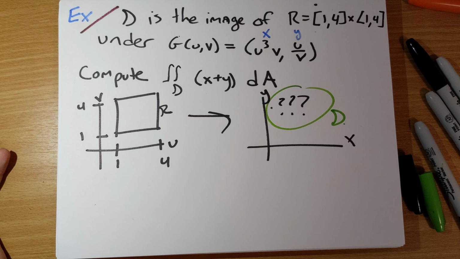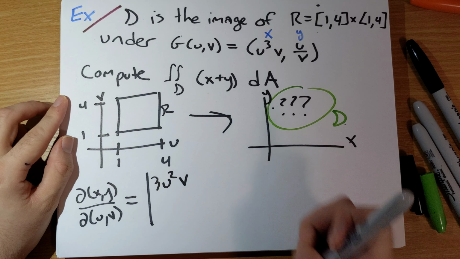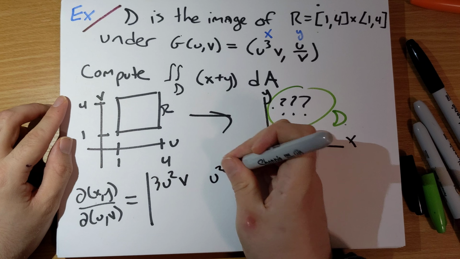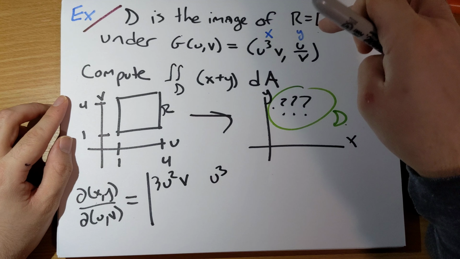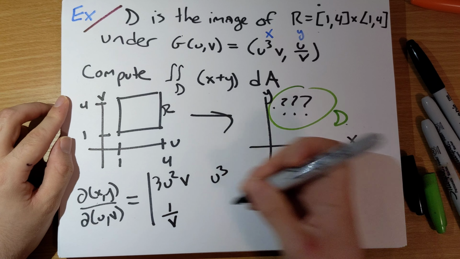The Jacobian, all right, in this notation in this problem here. The partial derivative of x with respect to u is 3u squared v. The partial derivative of x with respect to v is u cubed. The partial derivative of y with respect to u is 1 over v.